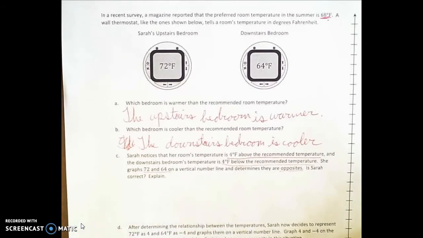Okay, 72 and 64 are not opposites because they're both positive numbers, so they're both on the same side of 0 on the number line.